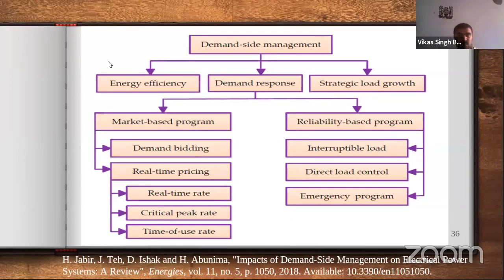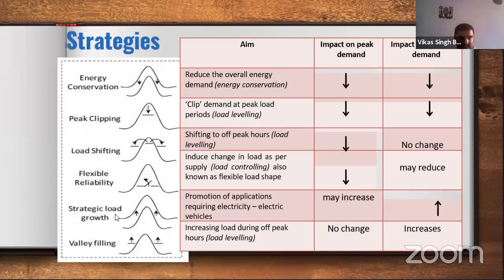Then the strategies used in demand side management: these are the 6 main strategies. One is energy conservation. We can clearly see this arrow is showing downward, meaning it will reduce the demand.